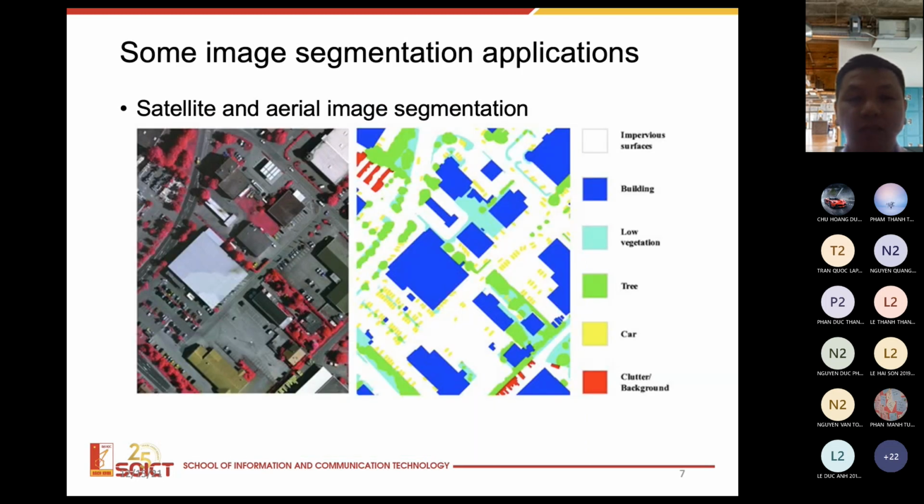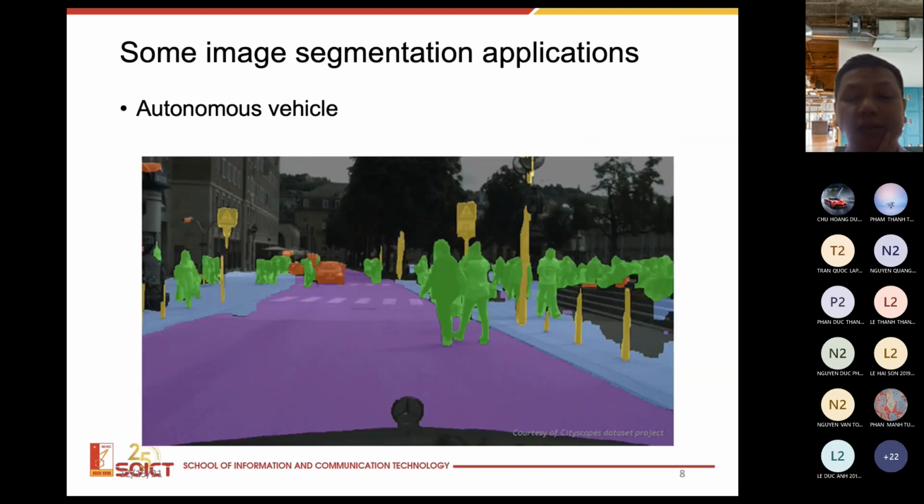Okay. So the applications of image segmentation could be satellite and aerial image processing. For example, here we have an image captured by a satellite, and we want to classify the pixels into building, tree, or road, right? Okay, and here is the application of image segmentation in autonomous vehicles.